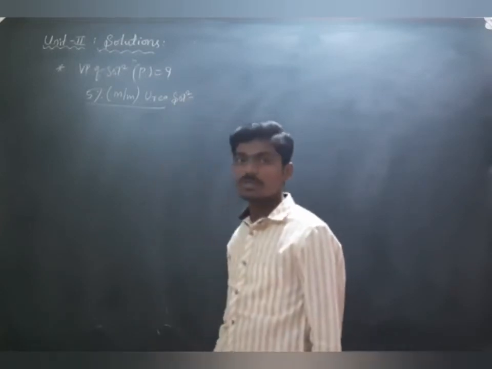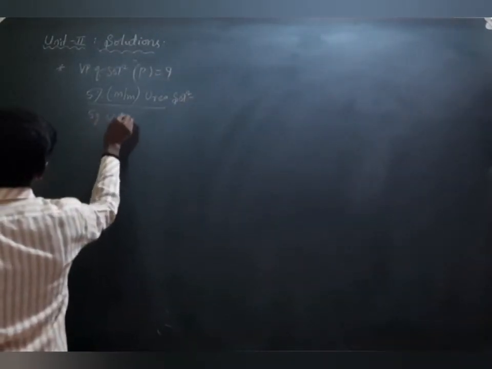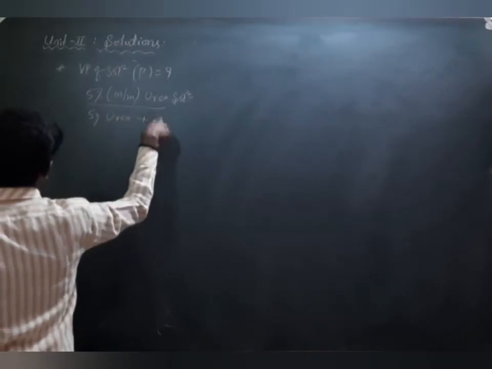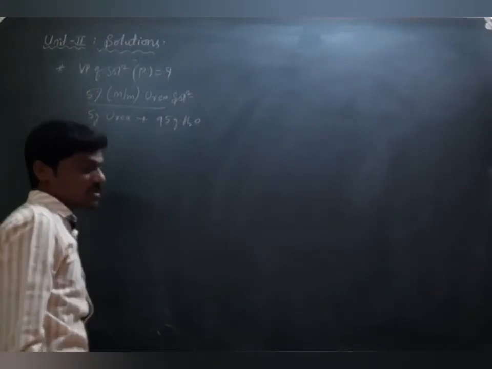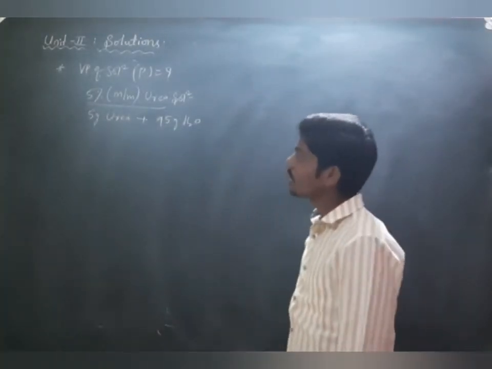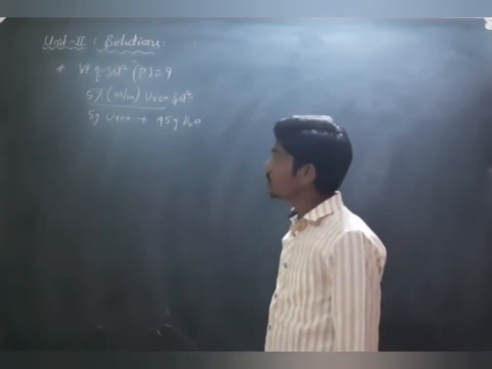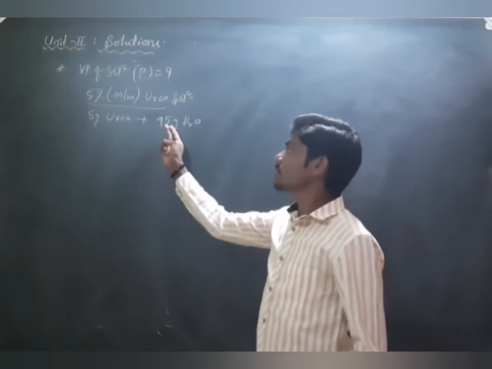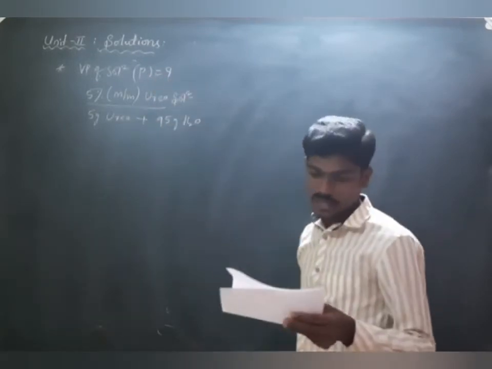It means 5 grams of urea is present in 95 gram of water, because it is given as mass percent. So 5 gram urea and 95 gram of water together mix to form the solution, and its vapor pressure we need to calculate.